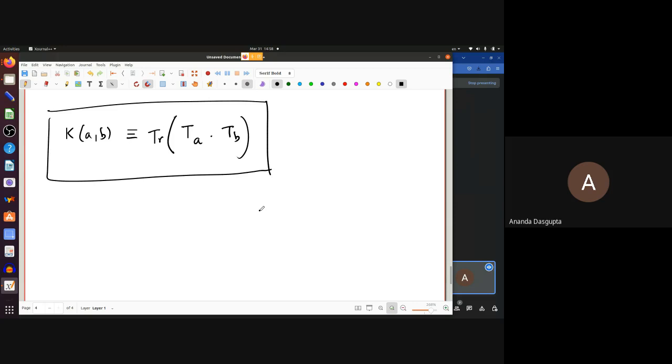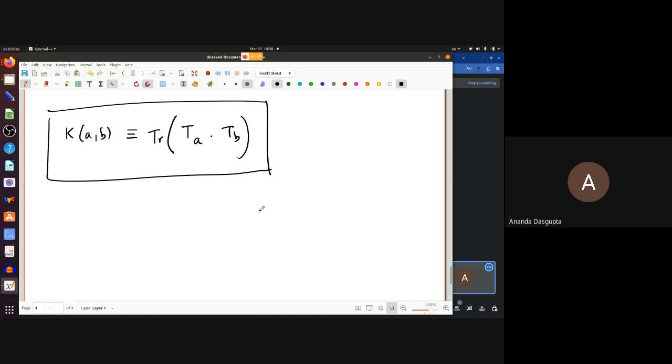So I was using the standard inner product on the space of matrices, trace of T_A transpose T_B, rather than just multiplying T_A by T_B. T_A transpose T_B guarantees that you are going to get a 0 if and only if the matrix T_A is 0, or hence the original vector A is 0.